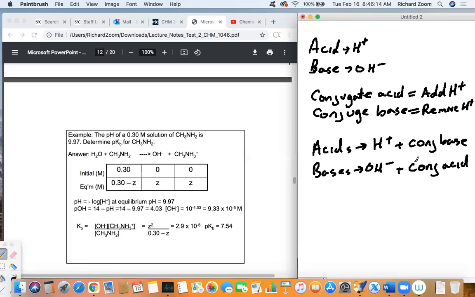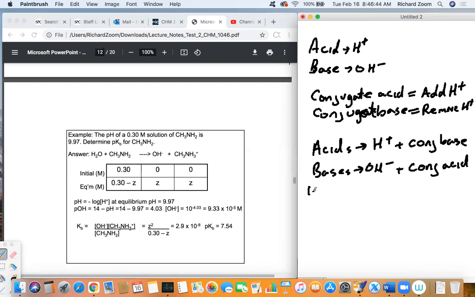And bases tend to give OH minus plus the conjugate acid. And I've got up here how you get the conjugate base and the conjugate acid. To get a conjugate acid, you add H plus to something. To get the conjugate base, which I didn't spell correctly here, you remove H plus. Okay, so that's going to be good information for these next kinds of examples.